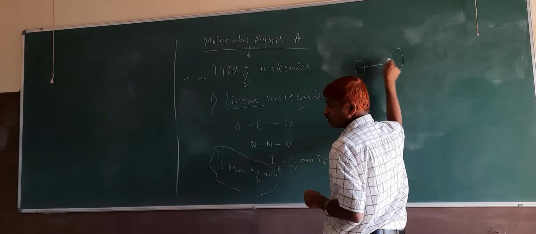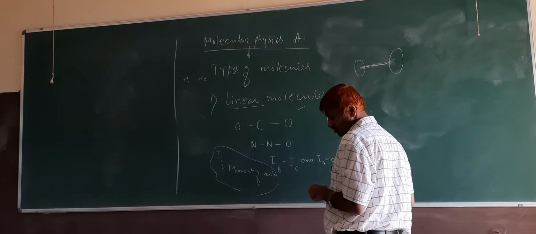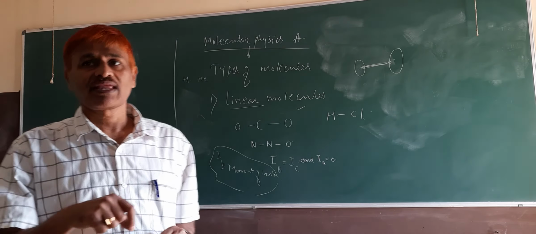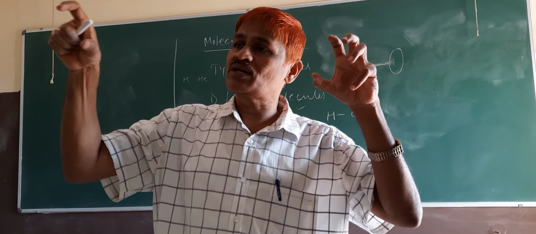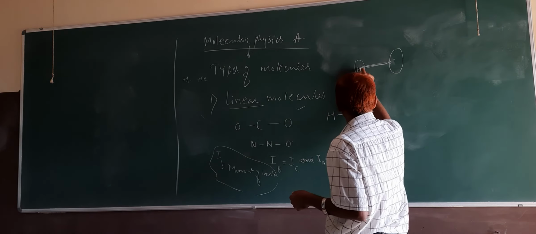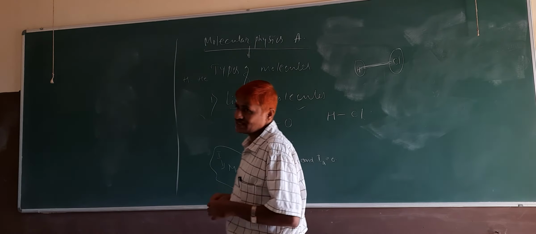Usually in a dumbbell both are of the same size. This is not. And you have to rotate this. The molecule is like one mass on one side. For example, HCl. H is small and Cl is big. This is an HCl molecule.